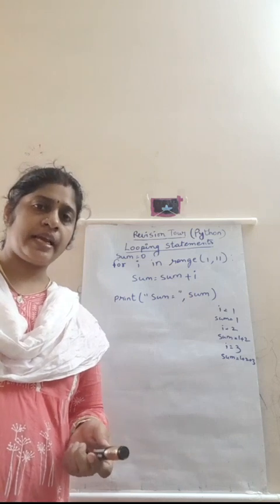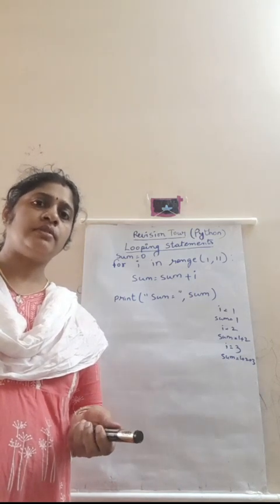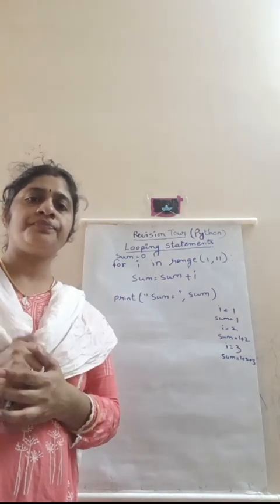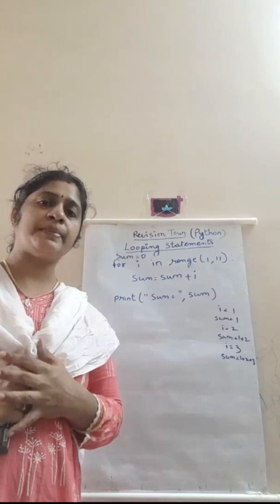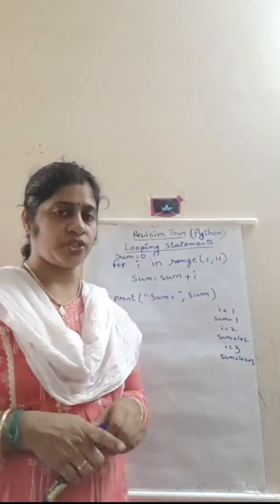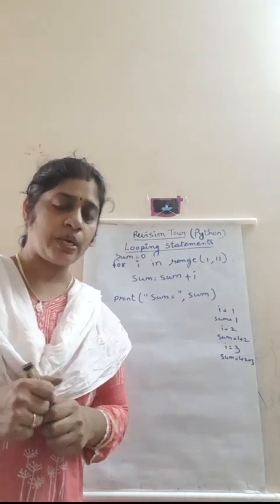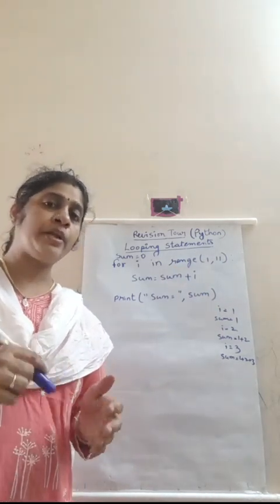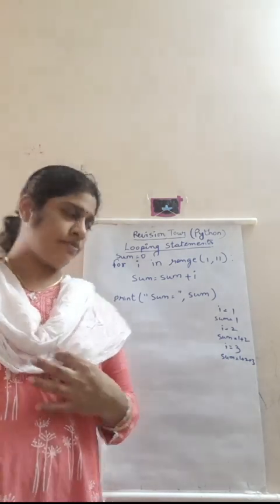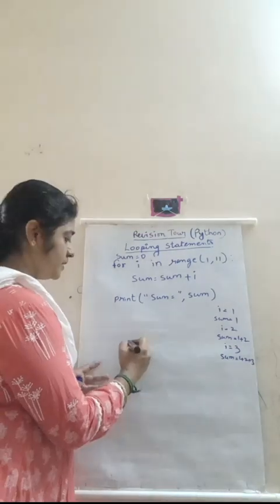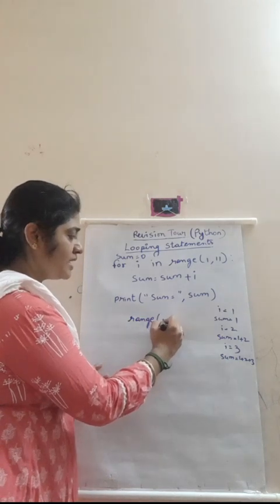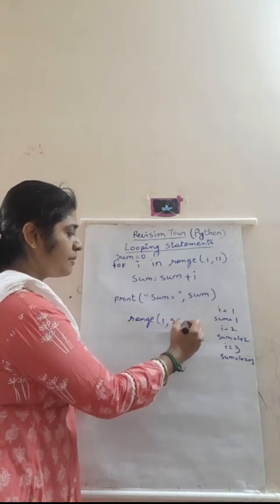Now let us see a program to display odd numbers from 1 to 50. How will you display odd numbers from 1 to 50? We have got one more parameter in the range function, that is step, wherein you can specify how many numbers it has to go forward. For example, suppose I write range 1, 50, 2.